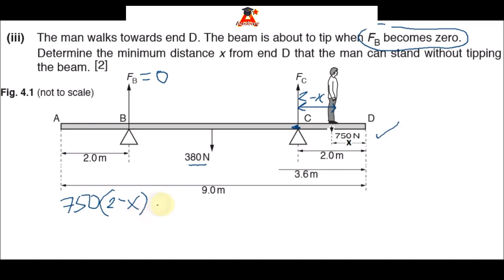That should be equal to 380 times a distance of 2.5, so it's 380 times 2.5.